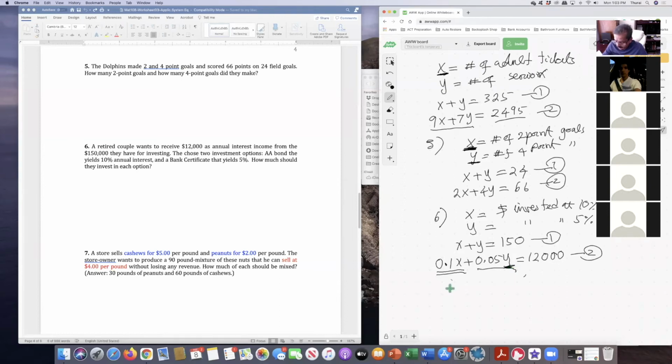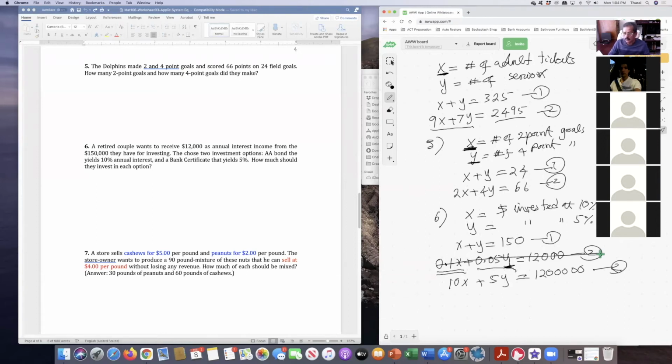So if I do that, then I'll get 10x plus 5y equals 12,000, and then 2 more zeros because I'm multiplying by 100. And this will be my new second equation. So it'll be easier to solve these 2. And so that's what you should do. Always eliminate the fractional numbers. All right, I'll leave it at that.